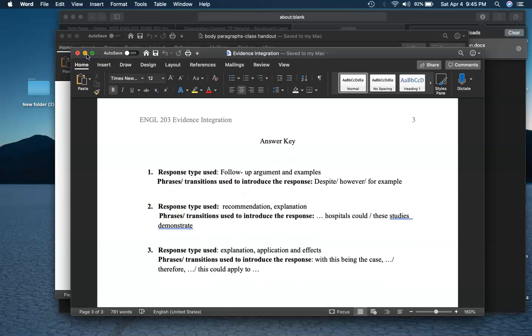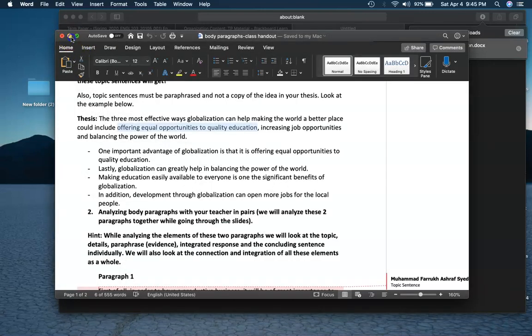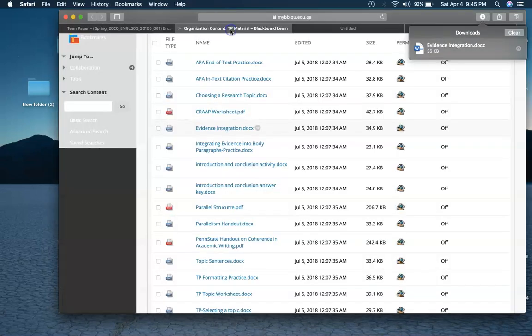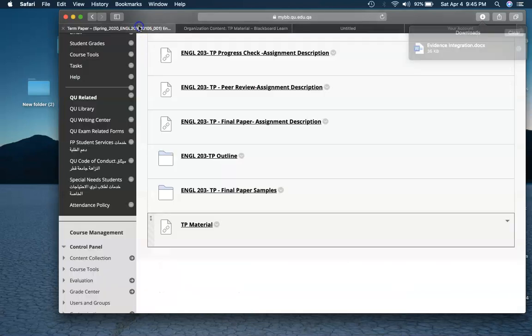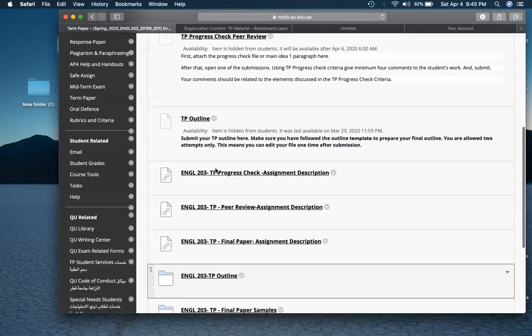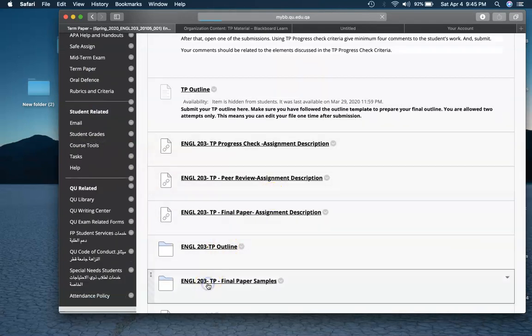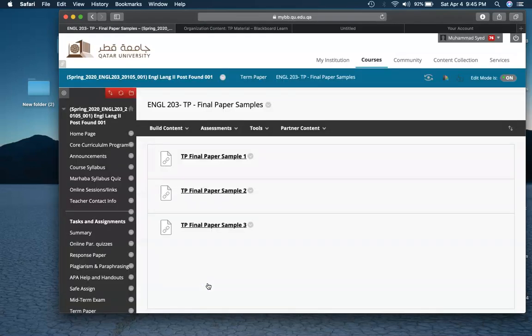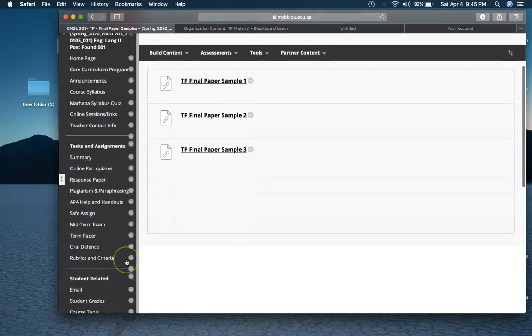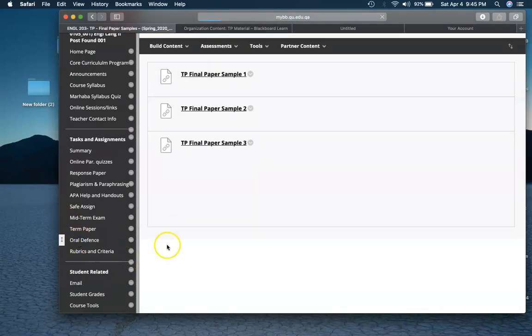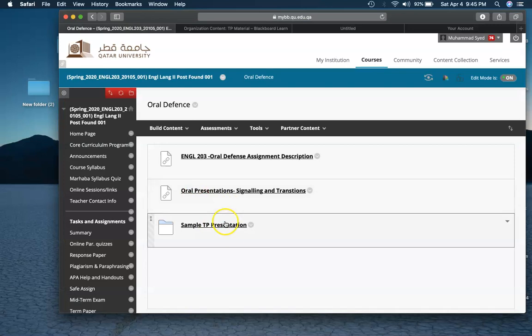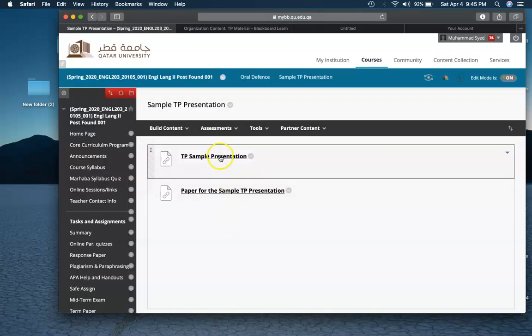Let's go to the blackboard and try to get a sample paper, and look at how that student did it. Let's just select one of them. So sample papers. For some reason, sample 1 is not working. So you have sample 2, sample 3, and you have another paper in the oral defense folder, the sample TP presentation, because we put a PowerPoint, so we also put a paper related to this PowerPoint.